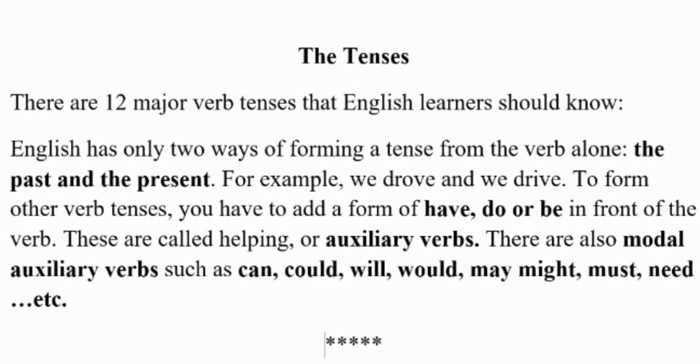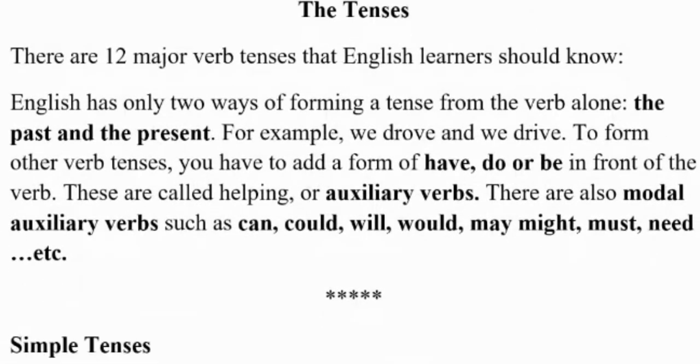The modals are also auxiliary verbs like can, could, will, would, etc. They are auxiliary or helping verbs, used with forms other than past and present, like the continuous, the perfect, and other forms of the verbs or the tenses.